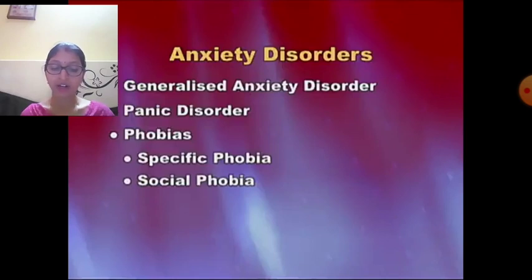Phobias often develop gradually or begin with a generalized anxiety disorder. That means phobias exist separately also, and also with generalized anxiety disorders. Phobias can be grouped into three main types: specified phobias, social phobias, and agoraphobias.